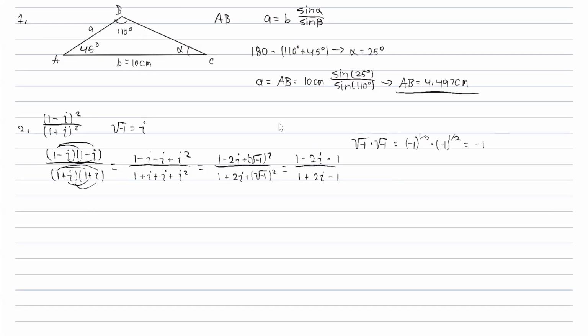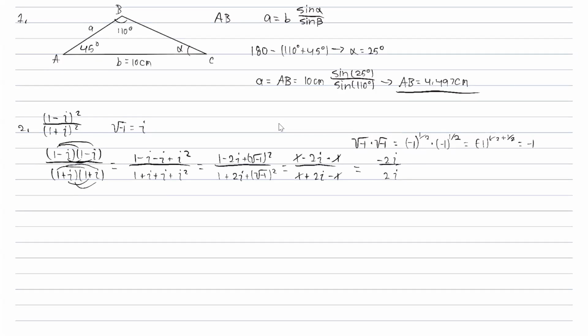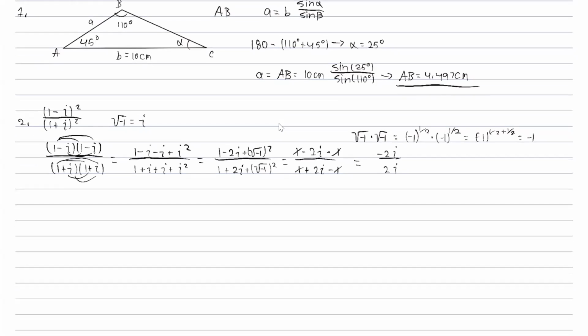So this is -1 to the power of 1/2 plus 1/2, which is just equal to -1. So then 1 minus 1 cancels, and I think we should get minus 2i over positive 2i, which of course simplifies to -1.